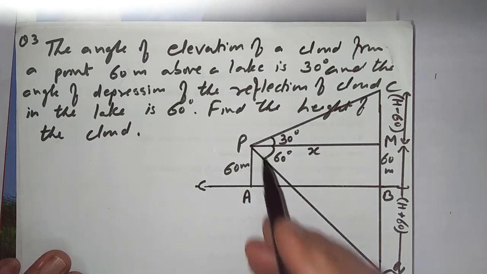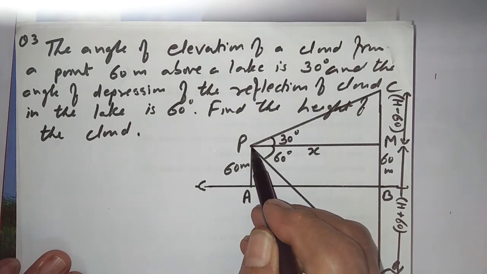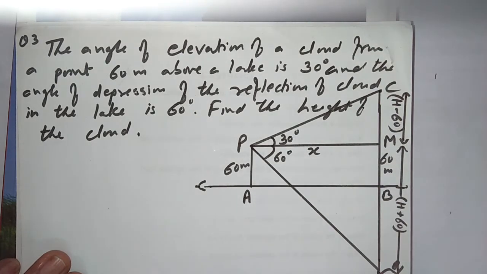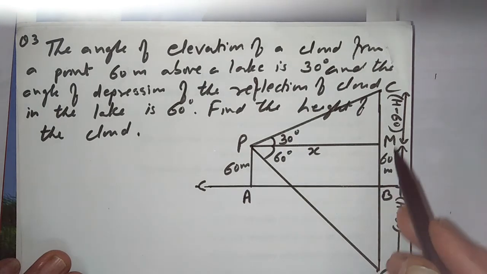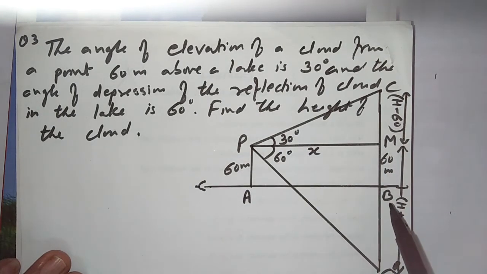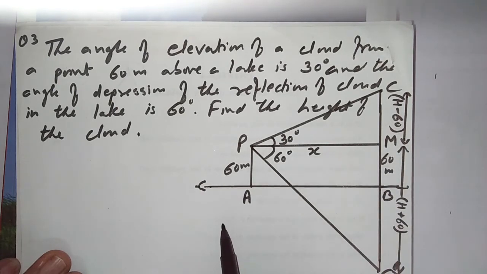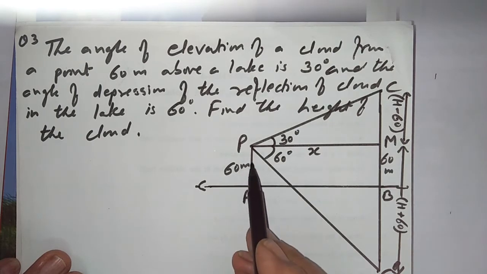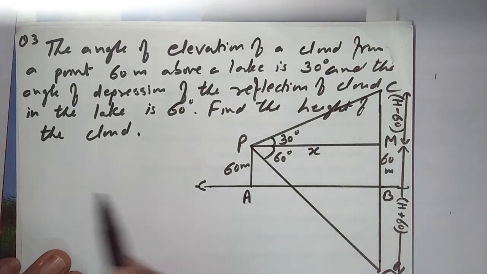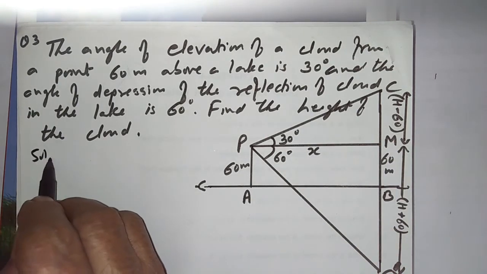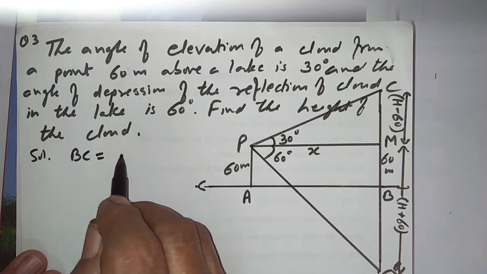The angle of elevation from P, C is the position of the cloud and C dash is its reflection. In this way, BC will be equal to BC dash because you know the image is as far behind the object as the object is in front of it. But the point P is 60 meters above. So first let us see that BC will be equal to BC dash.